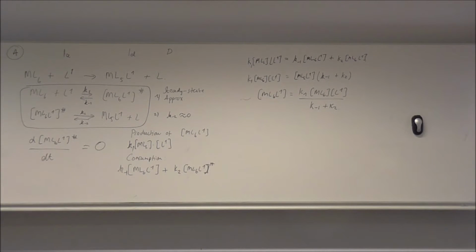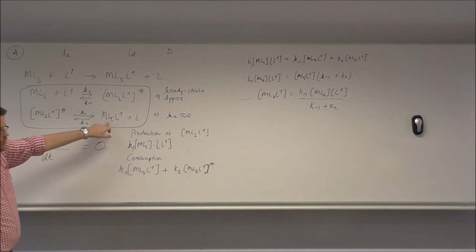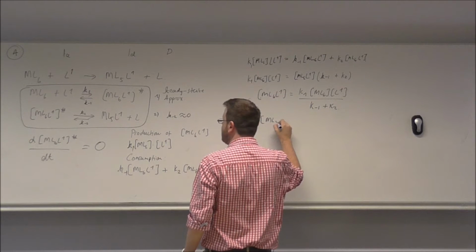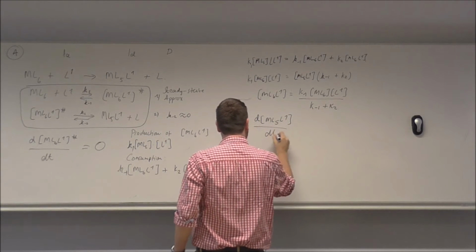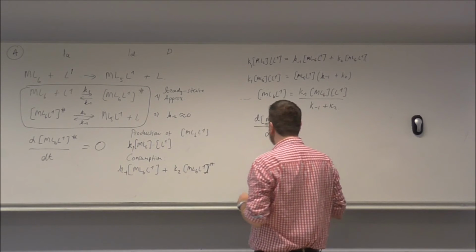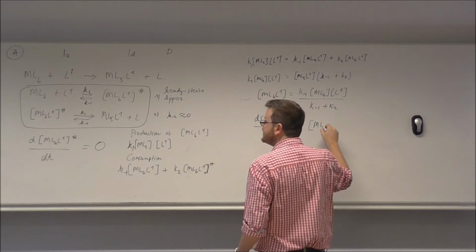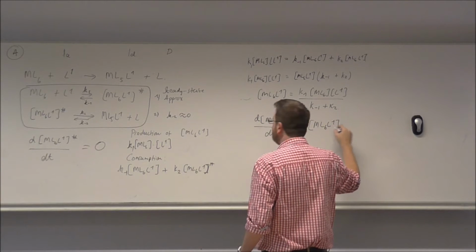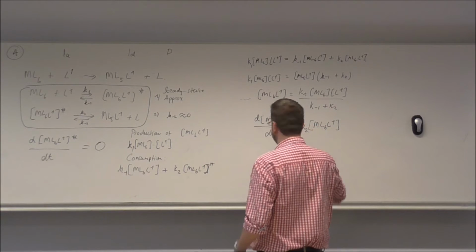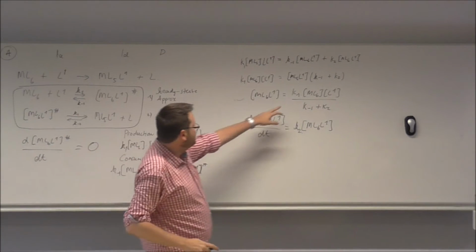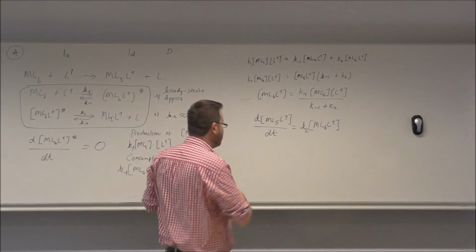And what we also know from the second step here is that the rate of formation of the product, in other words, the change in the concentration of ML5L1 over time, which is after all the rate of formation of the product, we can write by the rate law as ML6L1 times K2. Okay. And if we now substitute this expression into this expression, we get the overall rate law.